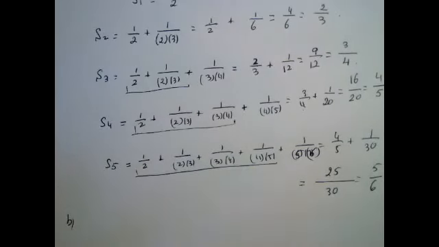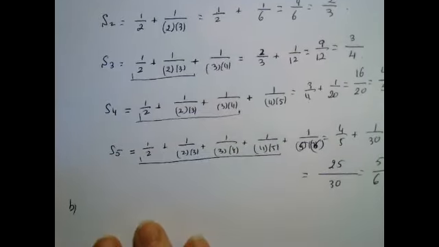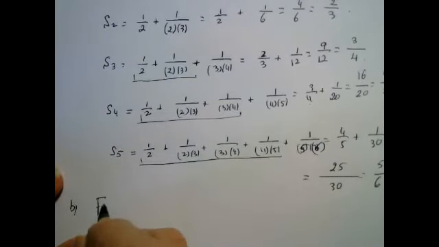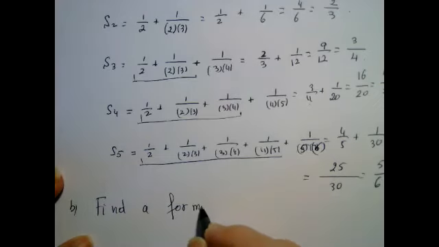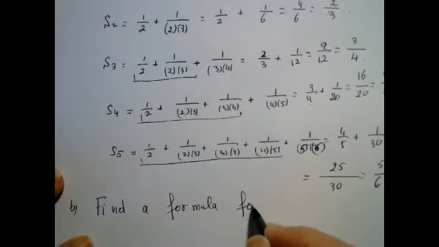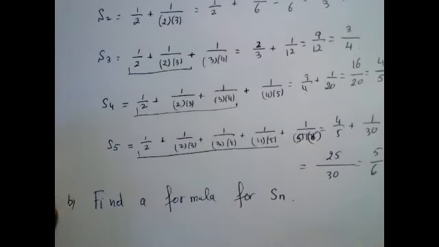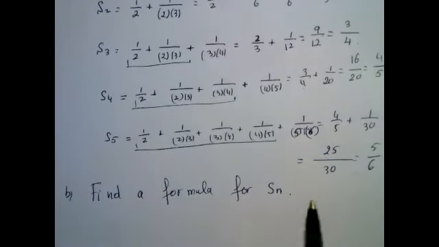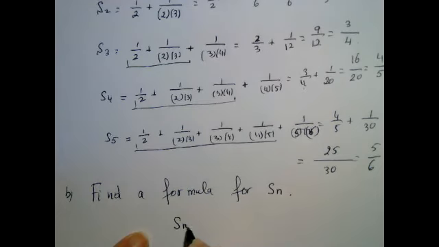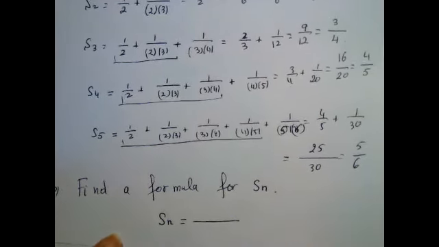So my question B is, use the pattern to find a formula for Sn. It means, what's the general formula? So instead of, like, S100, find the formula for Sn. In general, if I add the first n terms, what's going to be the formula for Sn?